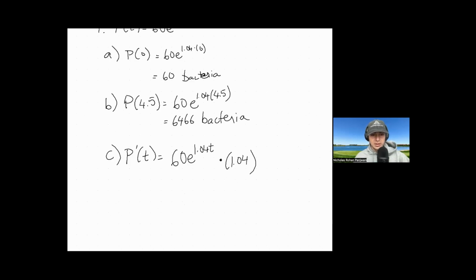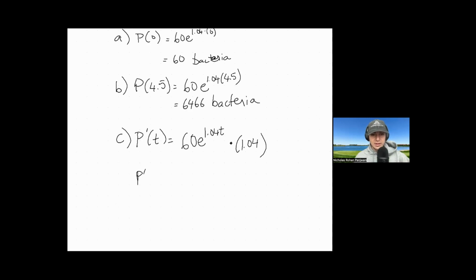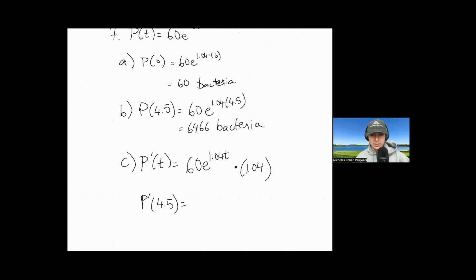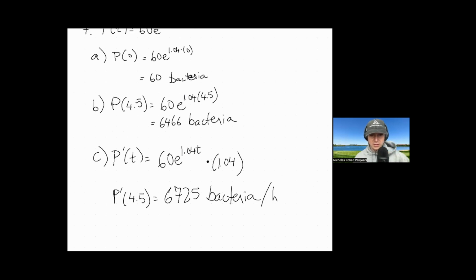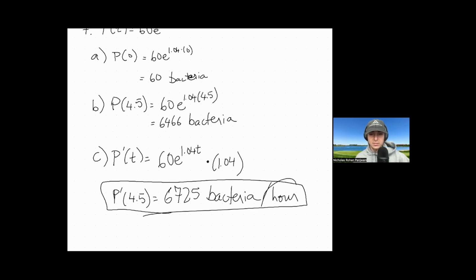So P prime of 4.5 is going to be 6466 times 1.04. And with that, we get 6725 bacteria per hour. So in this case the unit is important, because it distinguishes the rate of growth: bacteria per hour.